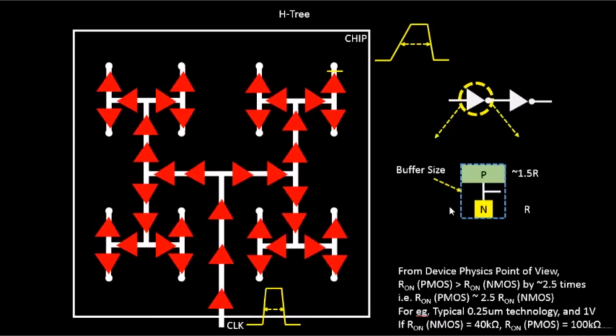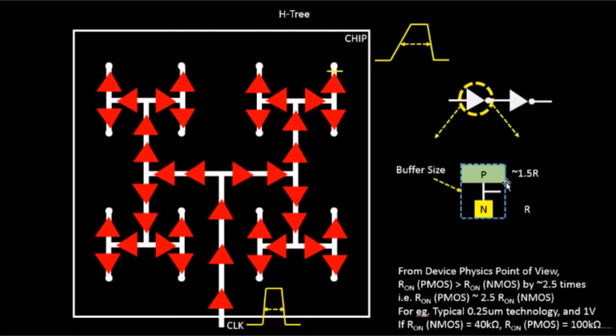So we are increasing the size of the PMOS, increasing the area of the pipe for the water to flow, so that the choke, which is constant, gets slightly spread over here.